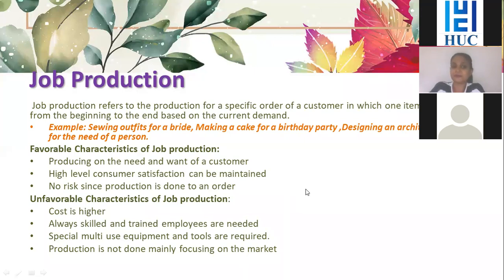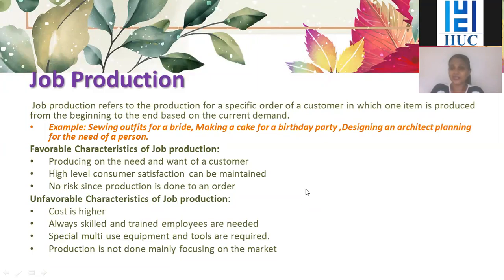So what are the favorable characteristics? What are the unfavorable characteristics? If you are producing one at a time, you can satisfy your customer. It is customized, so you can satisfy your customer. There's no risk, and you have time to do your task. So you can produce what the customer wants, what the customer requests.